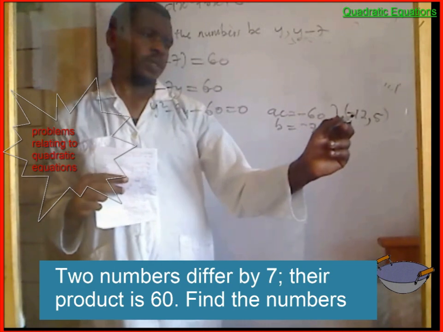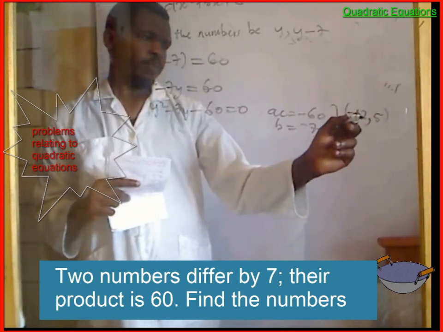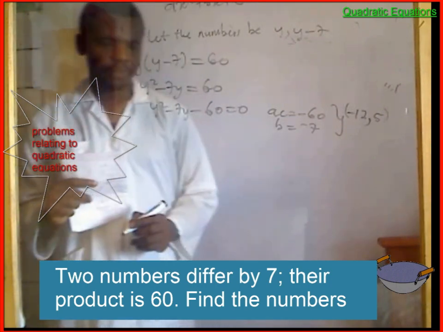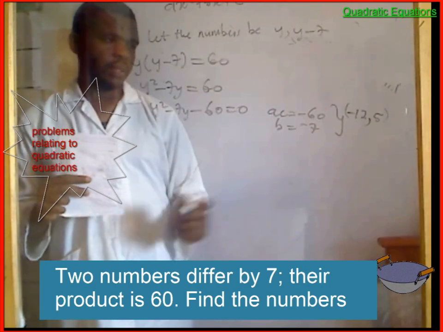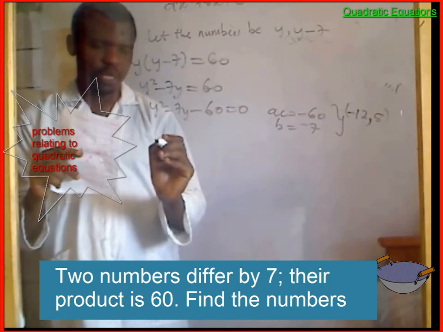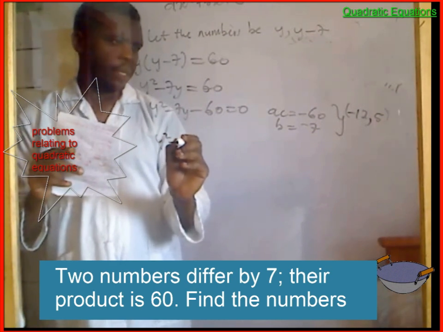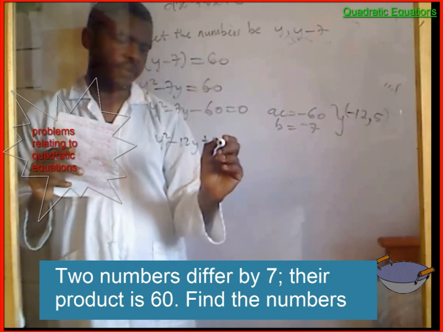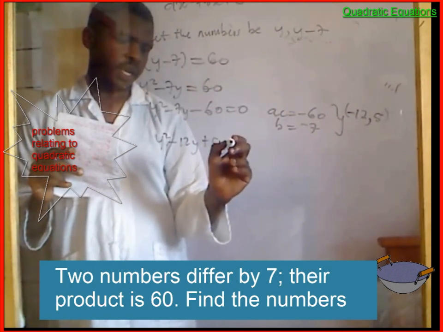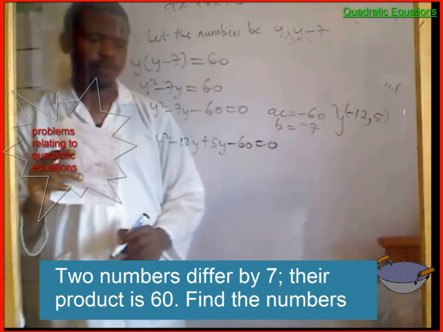Minus 12 times 5 is minus 60, and minus 12 plus 5 gives us minus 7. So I use this to expand my expression: y squared minus 12y plus 5y minus 60 is equal to 0.